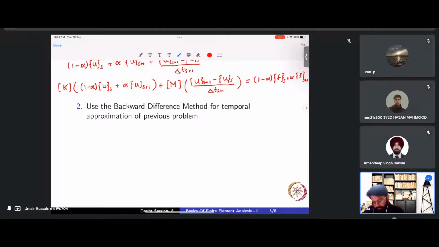Okay, so the next thing is we need to use the backward difference method. For the backward difference method, what is the value of alpha? Would someone like to tell this? Please, if anyone wants to help me.